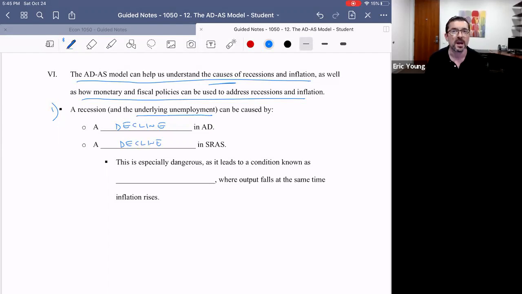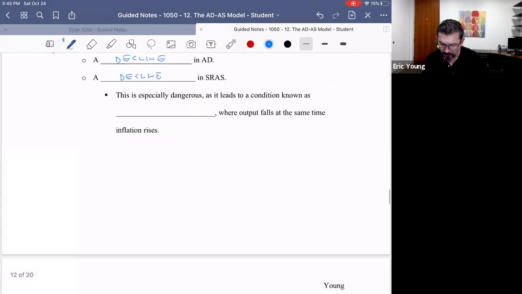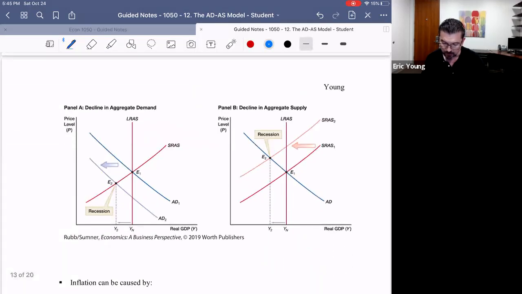Those are the only two ways, okay? Both of those, you see them right here in panel A and panel B, will cause recession. Panel A shows the impact of a decline in AD. Okay, so panel A is a drop in AD.